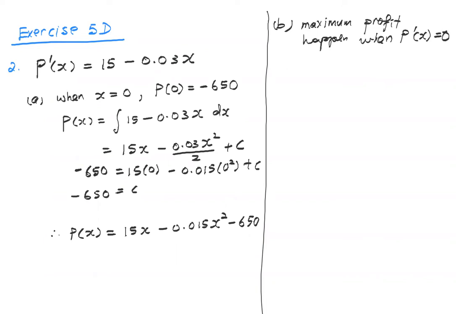So straight away right now, 15 minus 0.03x equal to 0. So my x will be equal to 15 divided by 0.03. So you get the answer. Are you clear? Okay, 15 divided by 0.03, you get 500.